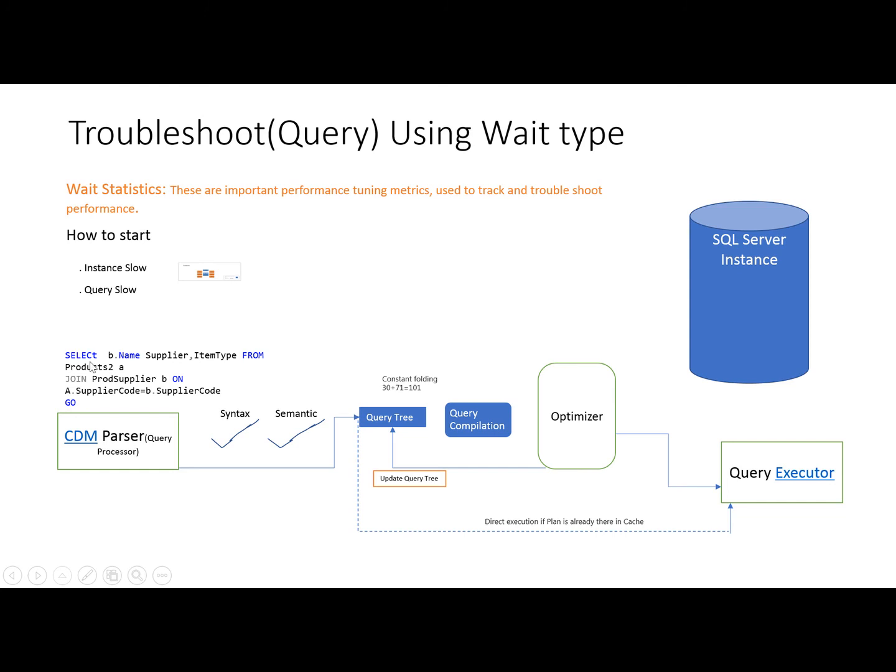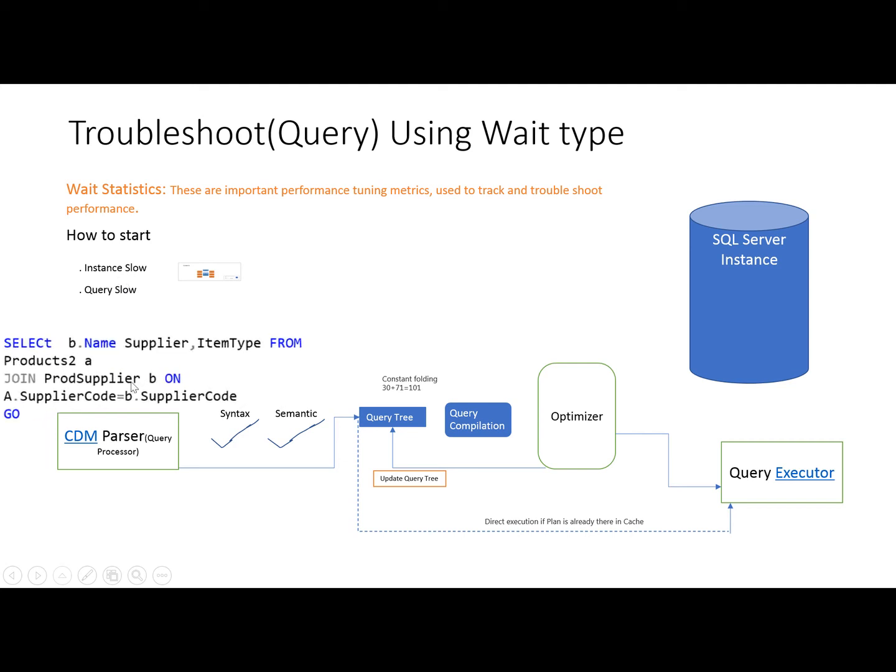For that report we have to concentrate only on this particular query. So there are two scopes. We have to work either at the instance level or on a particular query related to the user who is complaining about the slowness of the system. So we have to define our scope for troubleshooting like this.